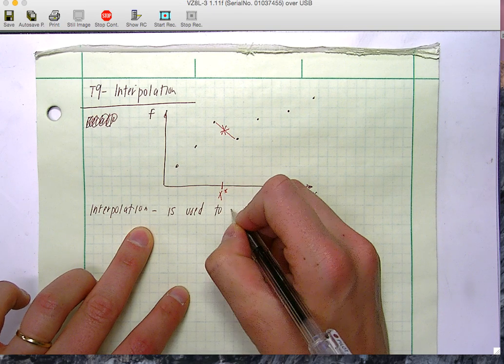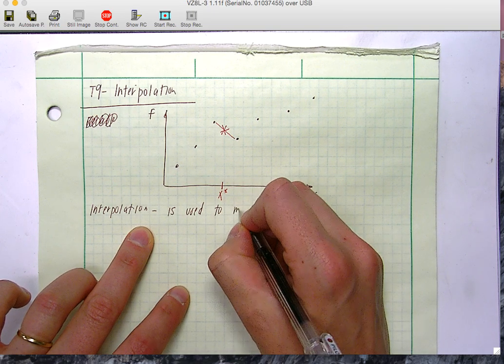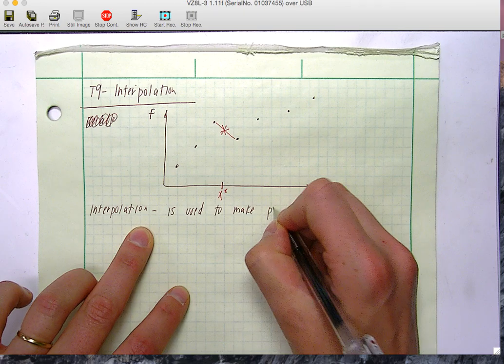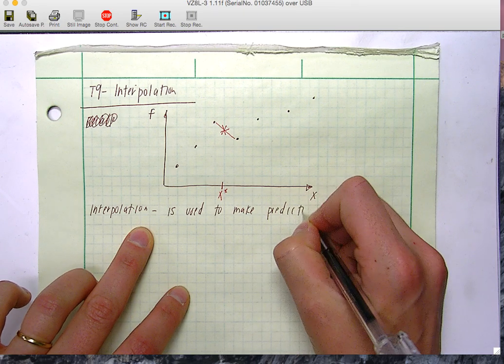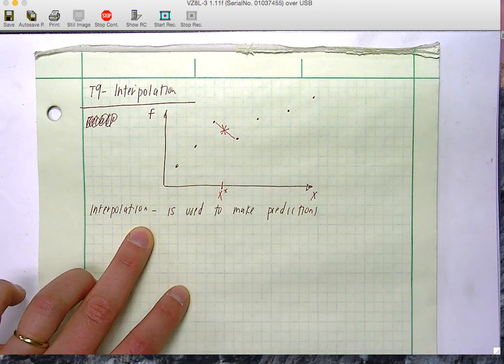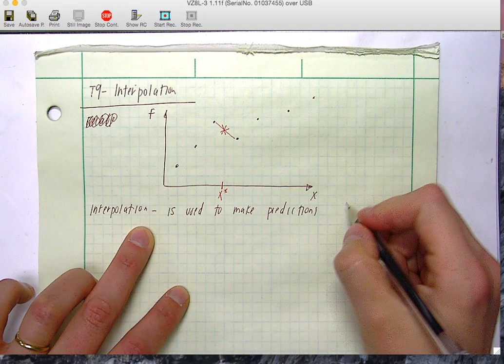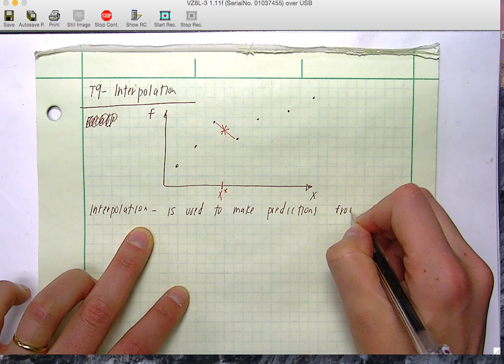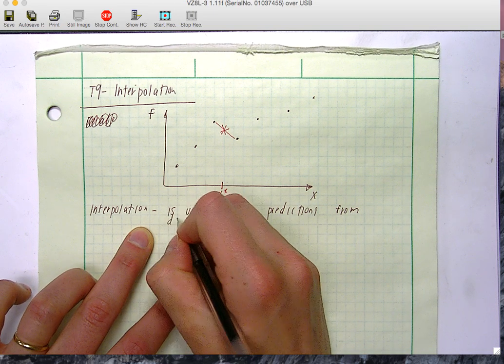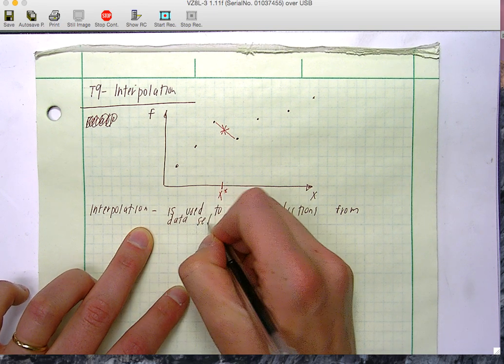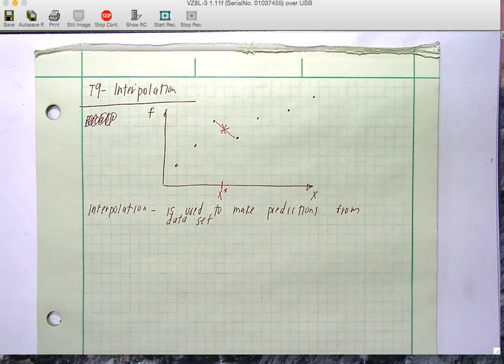But the important thing is that it's used to make predictions. So the output of an interpolation calculation is an approximation, and it's an approximation from a set of data that is assumed to be exact.